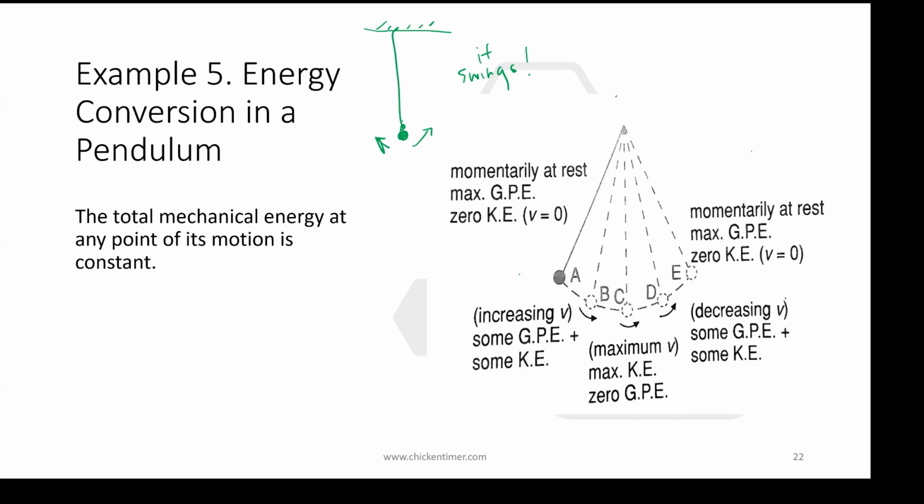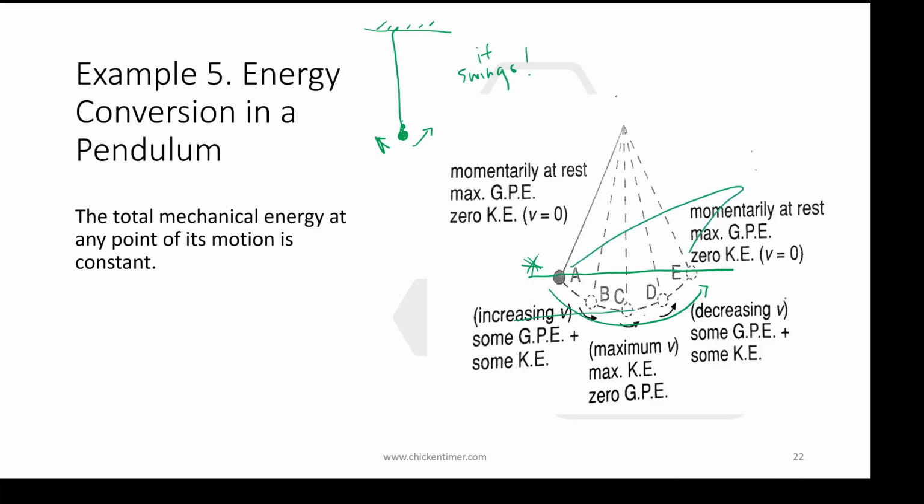So it swings. It starts from here, and then it goes this way, and then later on, it will come back this way. So it's divided into 1, 2, 3, 4, 5 stages. Can I say point A and point E are at the highest point?